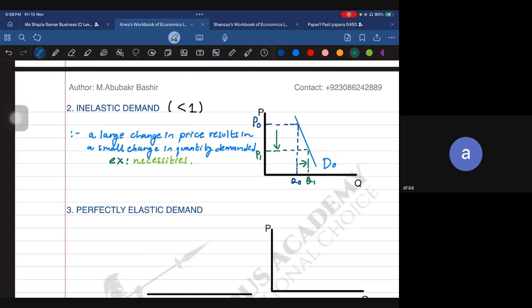Okay, tell me something. If you are talking about the example of inelastic demand, when we say necessities, we mean probably salt.